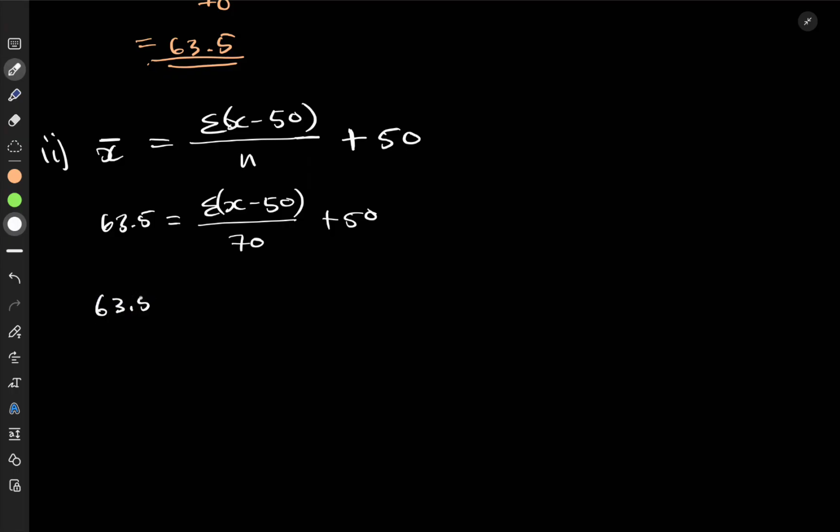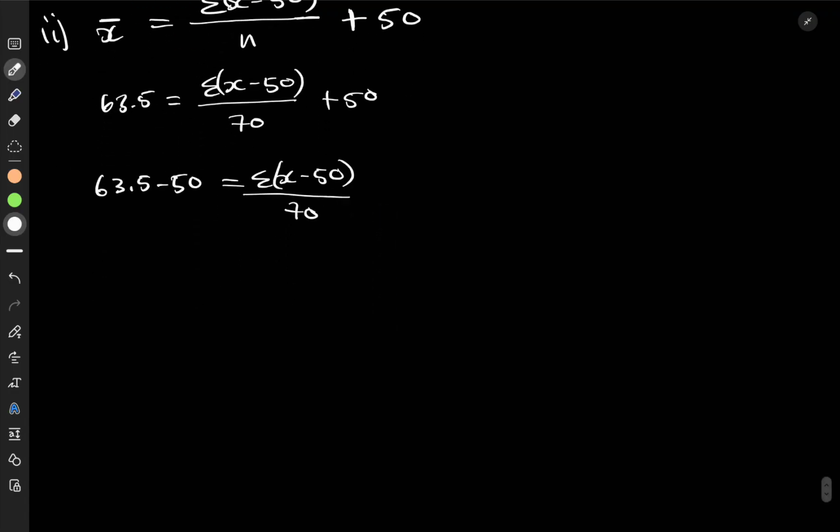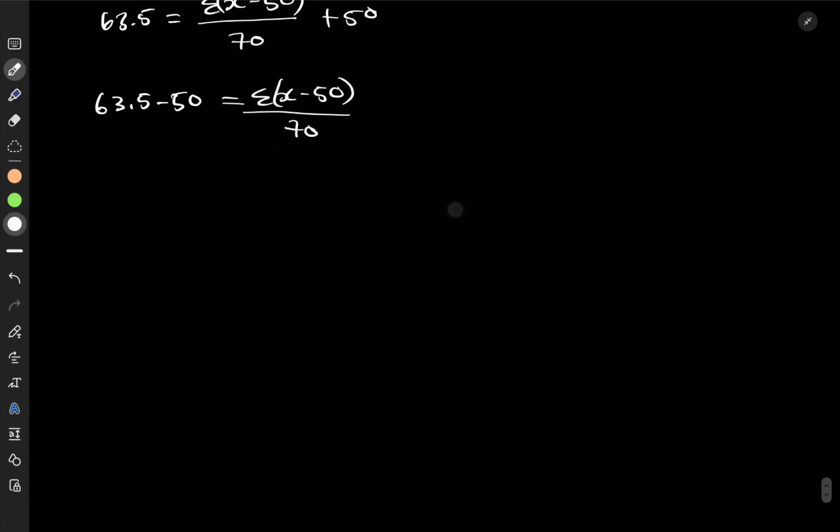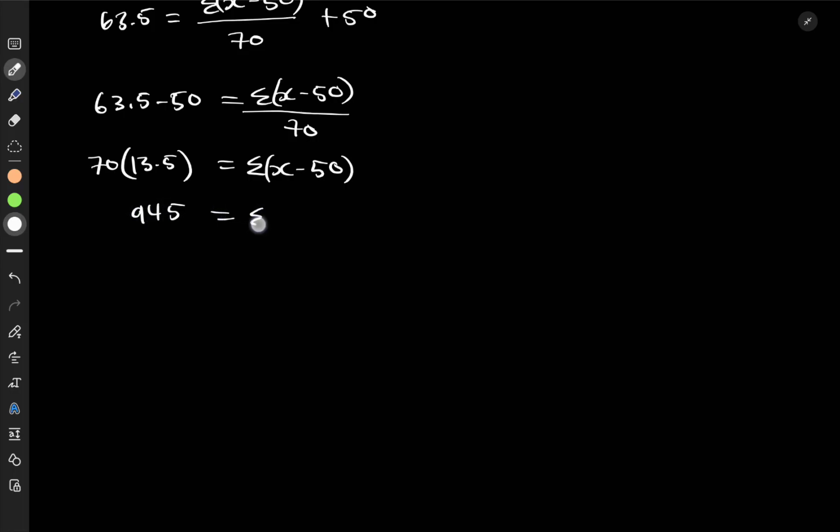So 63.5 minus 50 is equal to the sum of x minus 50 over 70. 63.5 minus 50 gives 13.5. So 13.5 multiplying 70 is equal to the sum of x minus 50. Then 13.5 times 70, because 70 comes to the other side to multiply, is 945. So 945 is the sum of x minus 50. Nothing is hard, is it?